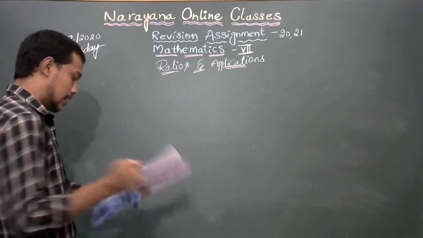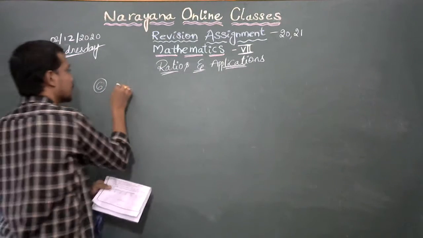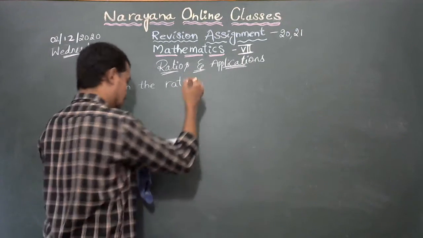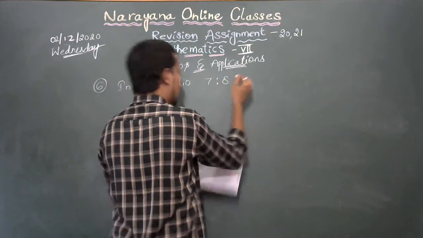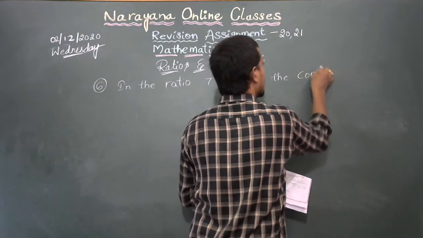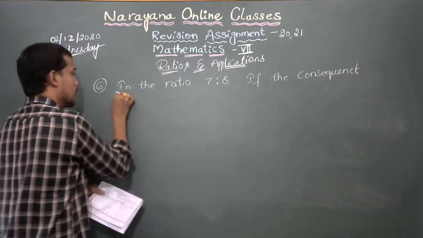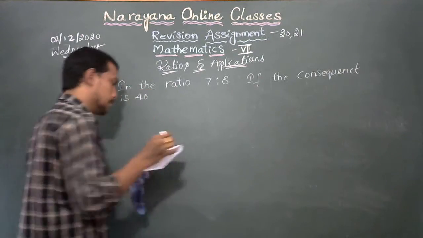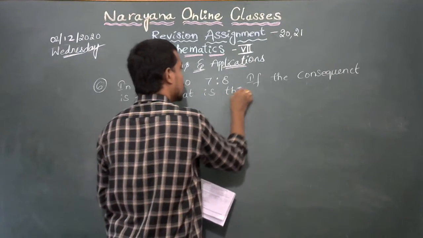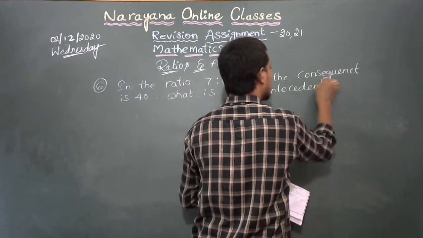Now second Roman, the sixth question: in the ratio 7 is to 8, if the consequent is 40, then what is the antecedent?